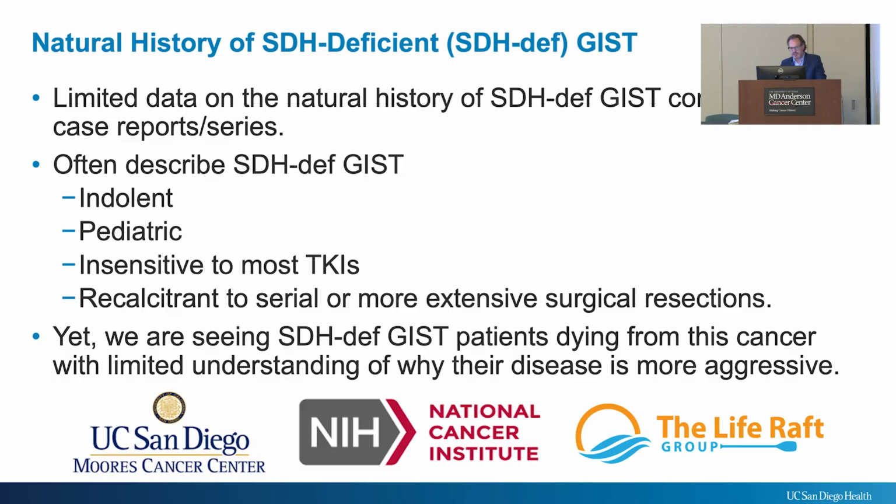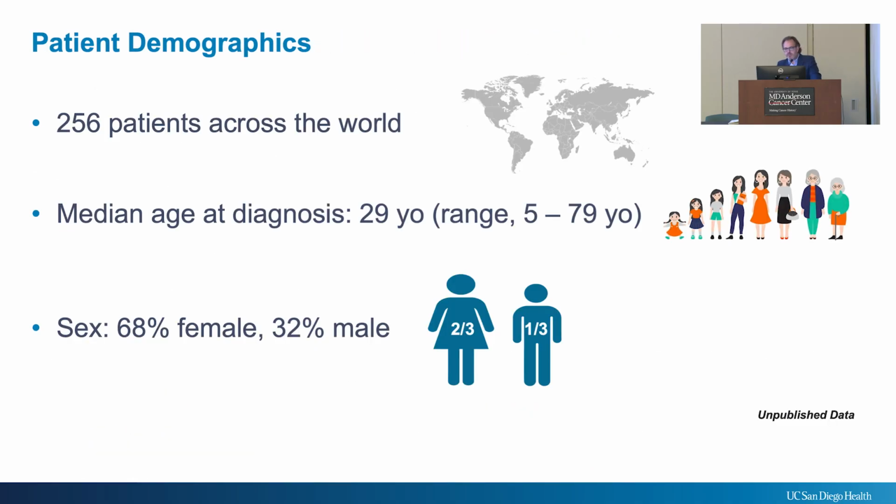This led us to form a consortium with the NCI and with the LifeRaft Group to start thinking about how we pool all of our data together to really start looking at these patients and understanding the natural history. The first thing we did was pull together 256 patients from around the world with SDH-deficient GIST.